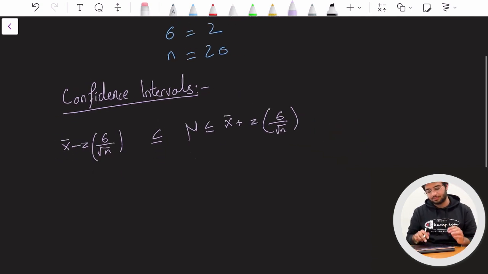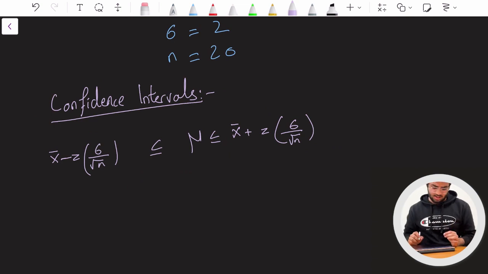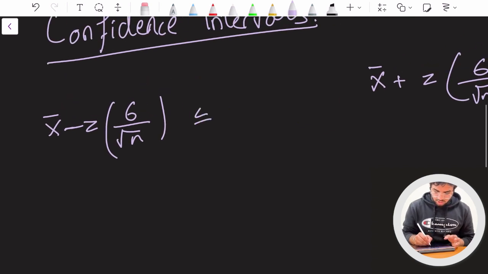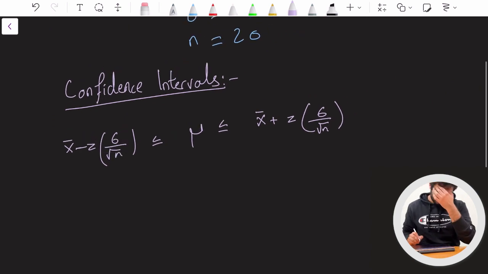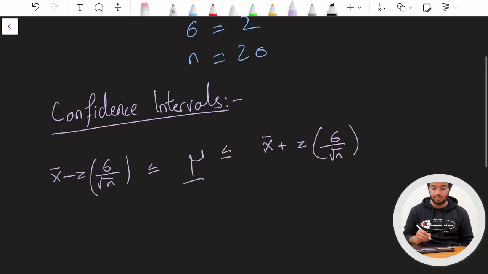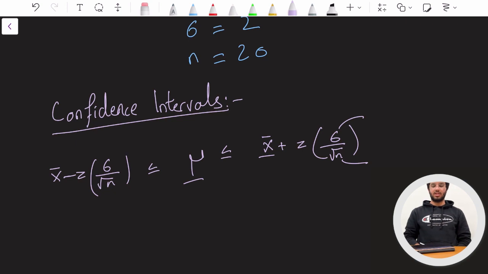Here is your stuff: this is your population mean, sample mean, population standard deviation, and sample size.